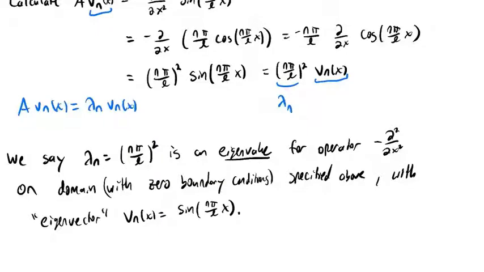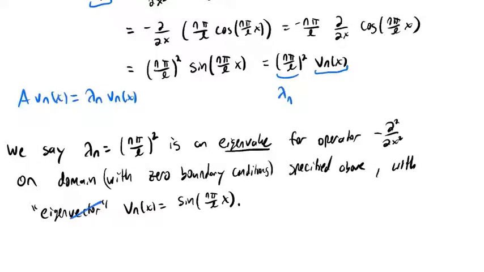Right, so these functions, sine of n pi over L x, act like eigenvectors for this operator with eigenvalues given by lambda n, this formula over here. Since they're not actually vectors, what we traditionally do is just replace vector by function. So these will typically be called eigenfunctions for the operator with eigenvalues given above.